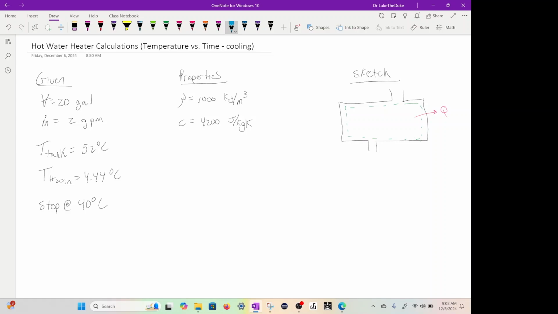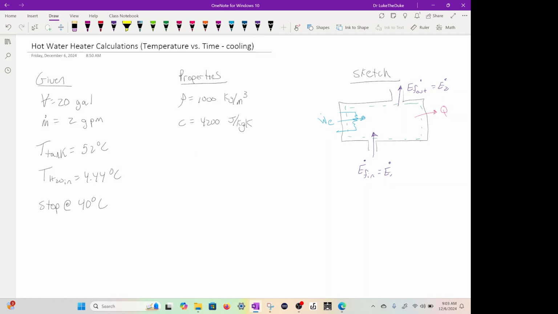We could also have electric in, W_E. And then we have fluid energy in, which I'll call E1 dot, and energy of fluid out, which I'll call E2 dot. And that's good for the sketch.